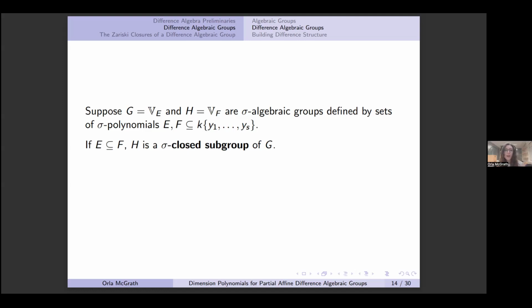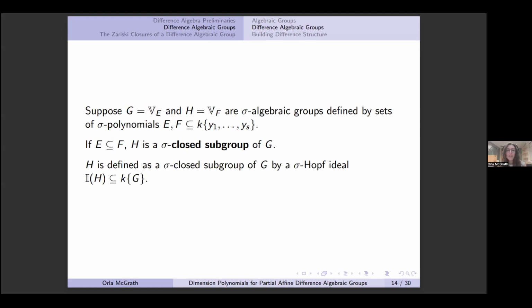Similarly, when we're considering H just as a difference closed subgroup of G, there's no need to reimpose those polynomials F. We can just consider the extra restrictions that we need, which we denote by I_H, the defining ideal of H as a difference closed subgroup of G. Again, because H has group structure, this defining ideal has Hopf structure.